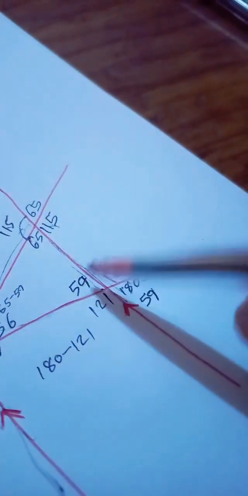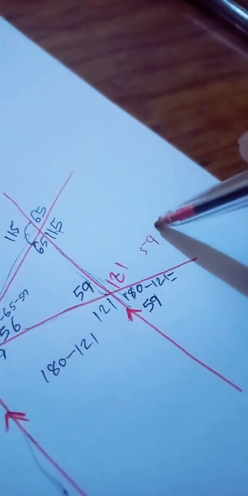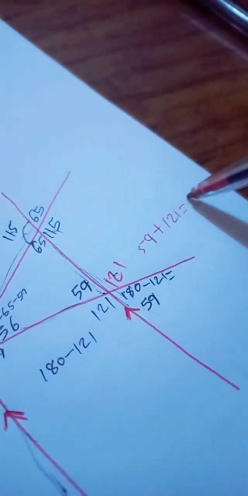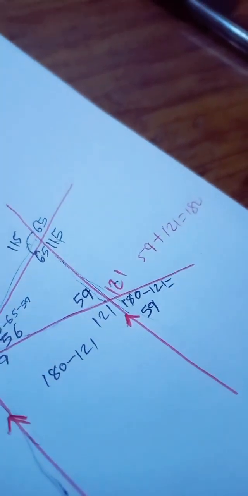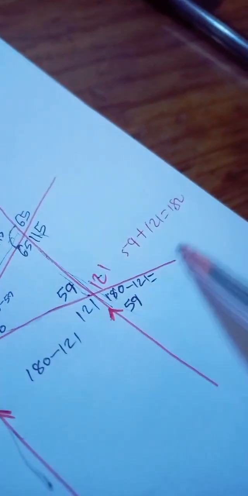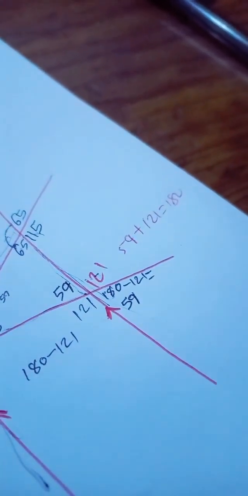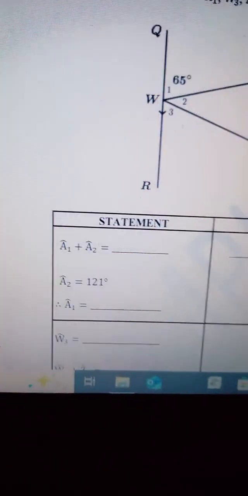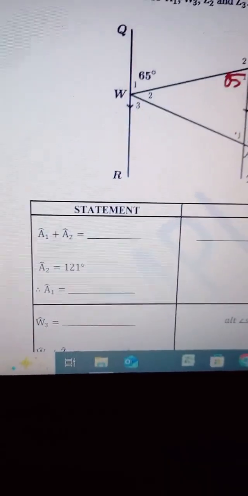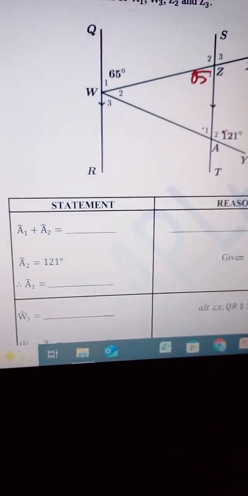This is our A1, A2. So 59 plus 121 is 180. So you know angles on a straight line add up to 180. Done. From there, A1 is equal to 59 degrees, because angles on a straight line, the reason you have given it there.